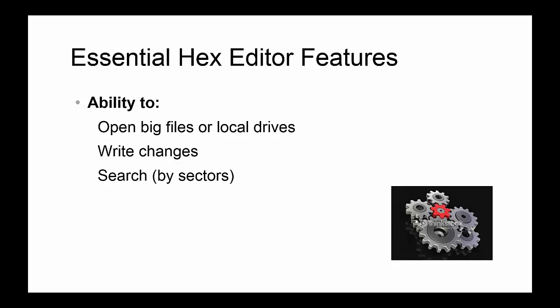Another ability is to search, especially by sectors, and also the ability to shift bits is important because, again, by shifting the bits you may be able to reveal some hidden data. And then finally, the ability to compare is also important, and there are also a lot of other important features found in hex editors.